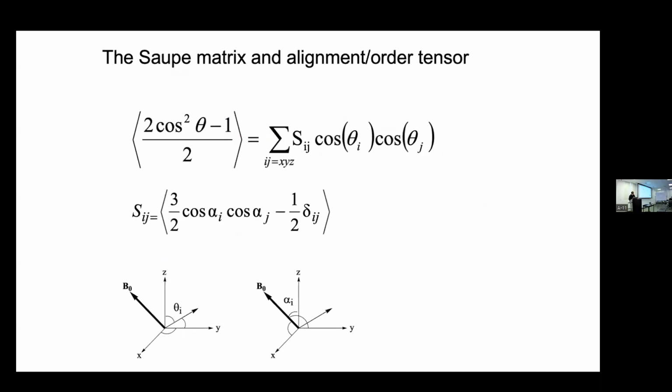Okay, so now the thing that we measure when we measure RDCs depends on the bond vector. So remember, the quantity we're measuring is, oh my God, another typo. That's 3 cos squared theta minus 1 over 2.